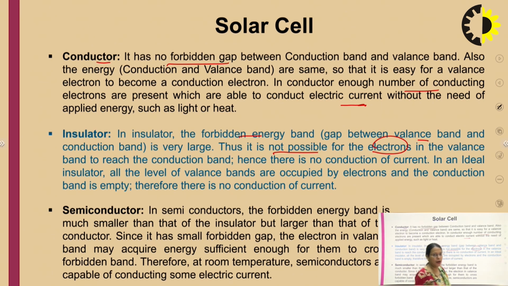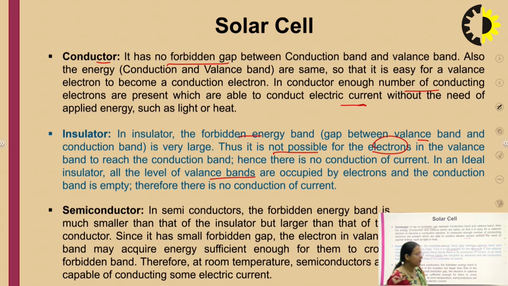So there is no conduction of current in case of the insulator, right. In an insulator the valence band is fully occupied by electrons while the conduction band is empty. So in this case there is no conduction of current.